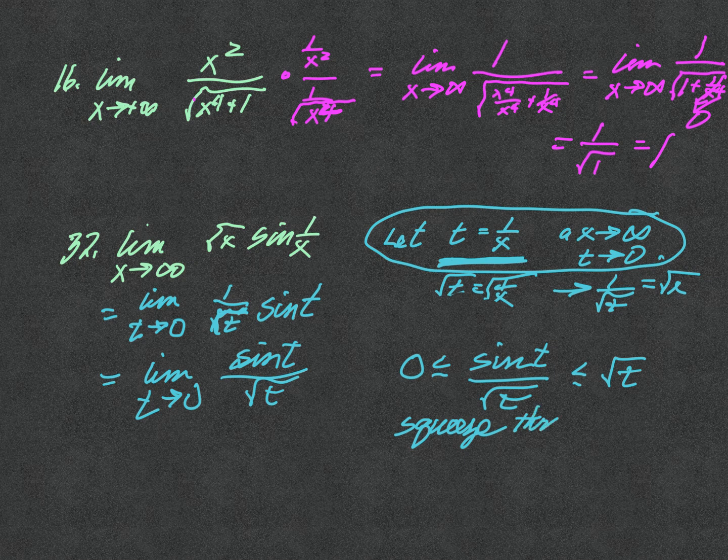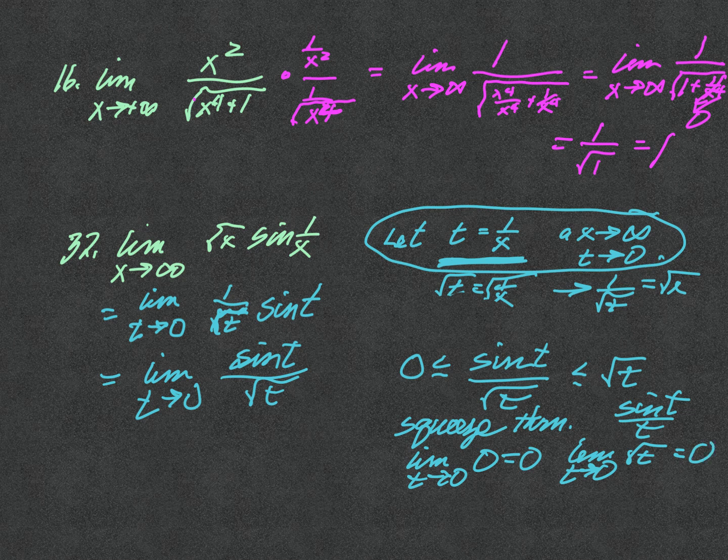I know this is kind of rare, but we used the squeeze theorem on sine t over t to prove that limit, so it makes sense that we would use it on sine t over the square root of t. In any case, the limit as t goes to 0 of 0 is equal to 0, and the limit as t goes to 0 of the square root of t is also equal to 0.